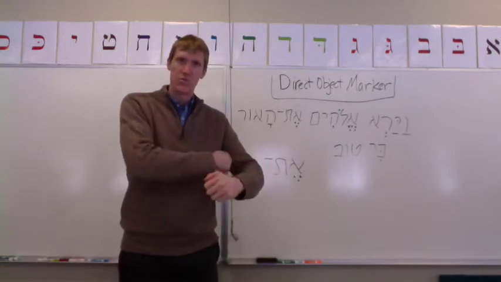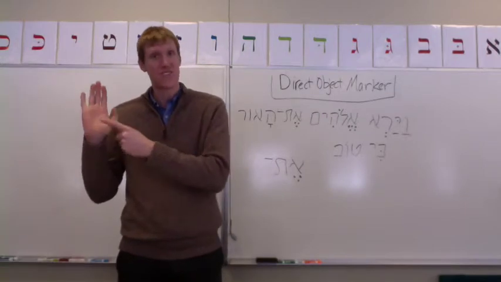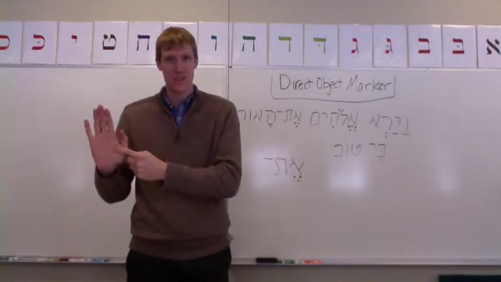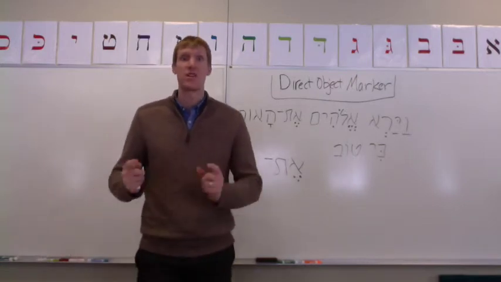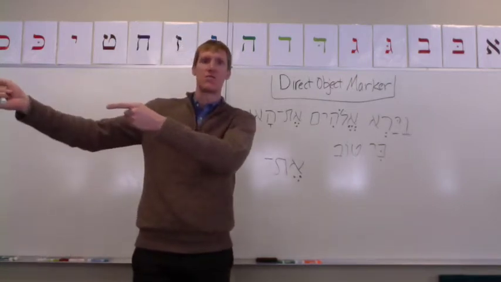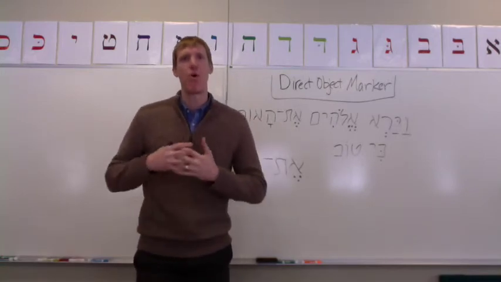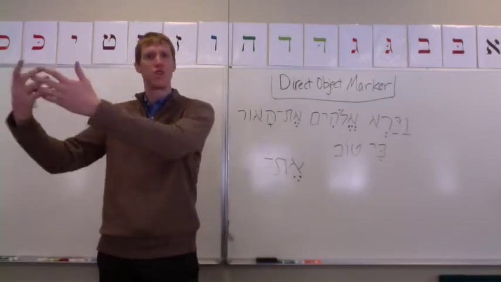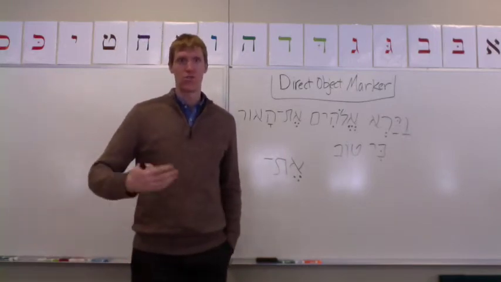Ukshartam, and you will bind them, ukshartam leot, as a sign. So the word ot is a sign, and a sign is something that points to something else. It isn't necessarily its own thing, but it's pointing you beyond itself to something else, something that it's assigned to or toward.